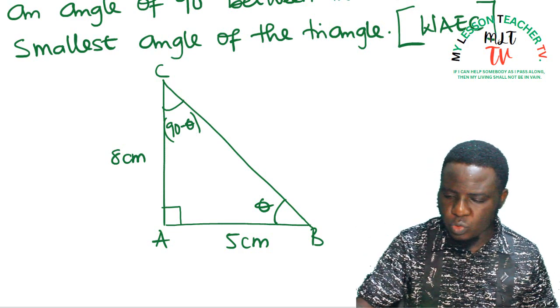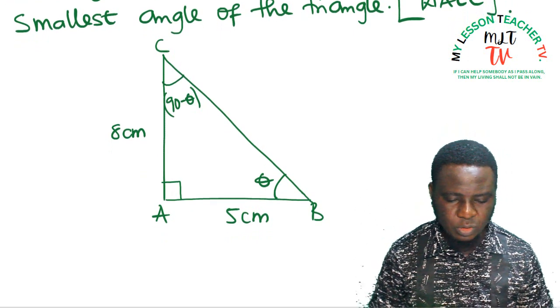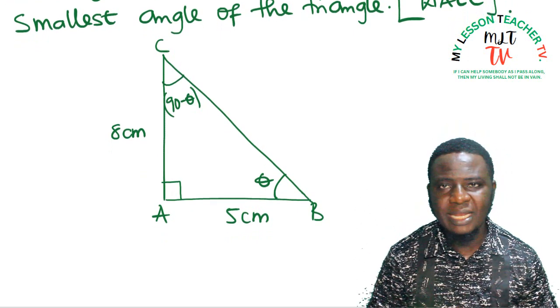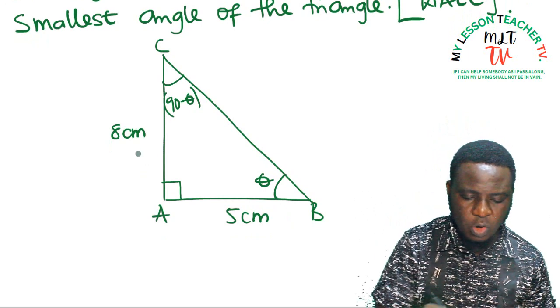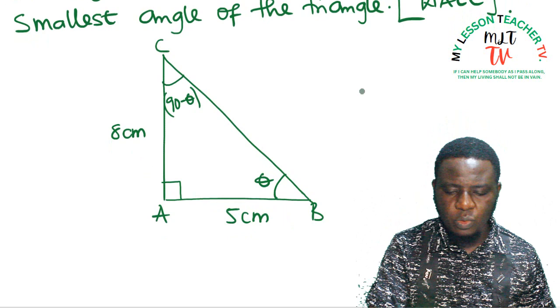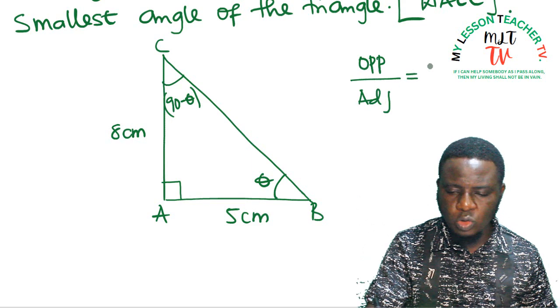So how do we get the value of angle 90 minus theta? We can use our trig ratio by finding the ratio of the two sides. We have it that the ratio of the opposite to the adjacent side is equal to tan of 90 minus theta.